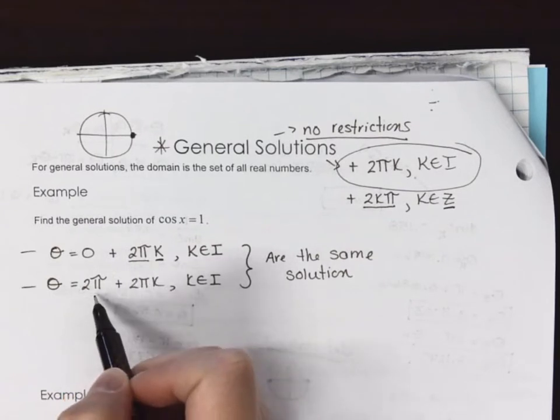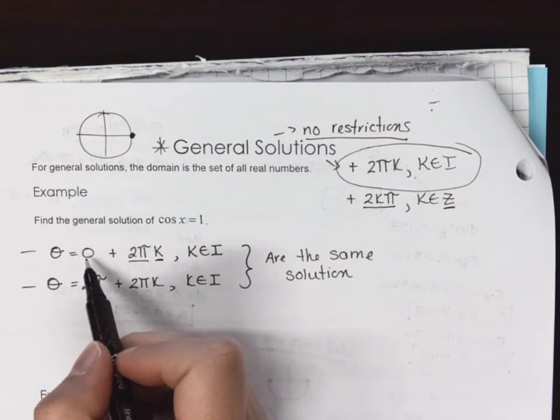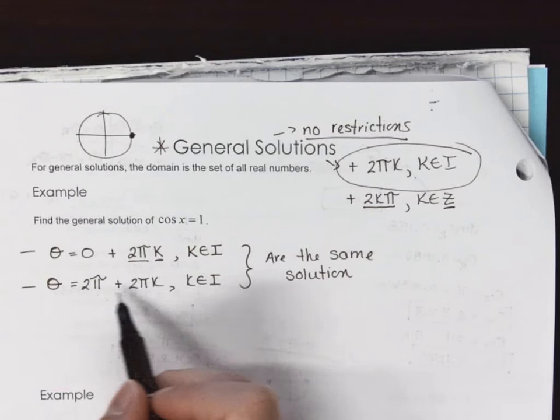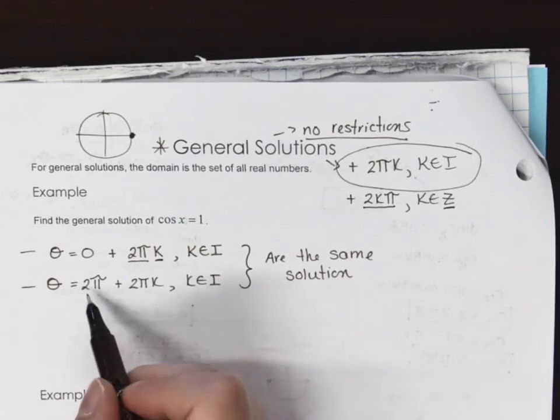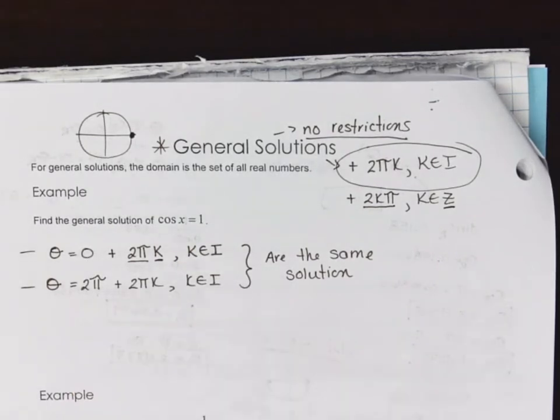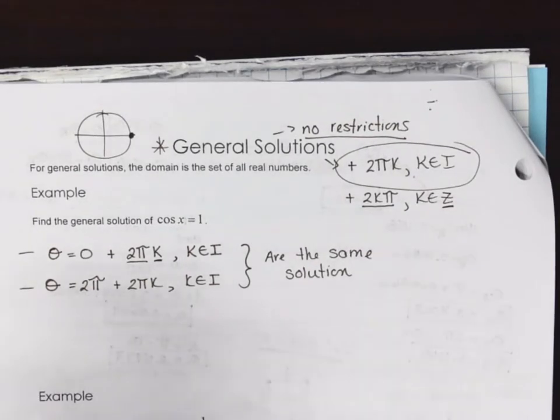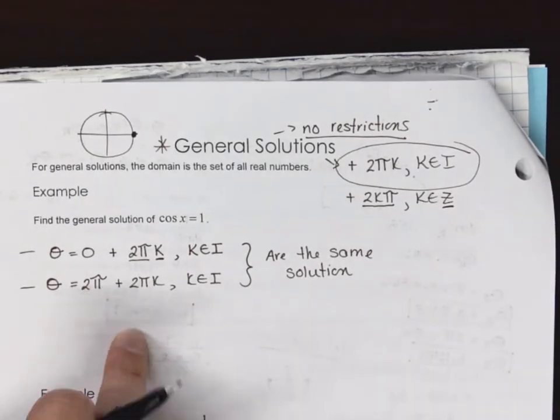You're at 2 pi, right? So this solution is found inside of this one. And if you minus 2 pi from this one, 2 pi minus 2 pi is 0. So the solutions are inside of each other. They're the same thing.